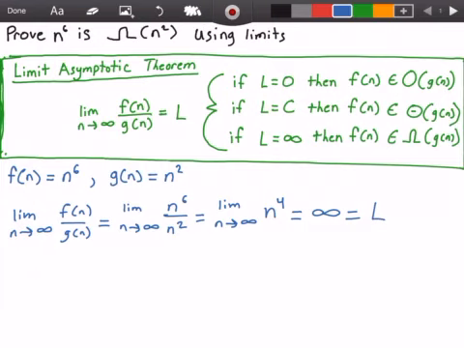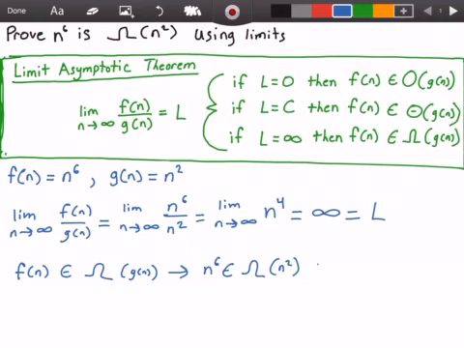So we can conclude that our function f of n belongs to big omega of g of n, which implies that n to the power of 6, which is our f of n, belongs to big omega of n to the power of 2, which is our g of n, by the third case. All right, and that's our answer, guys.